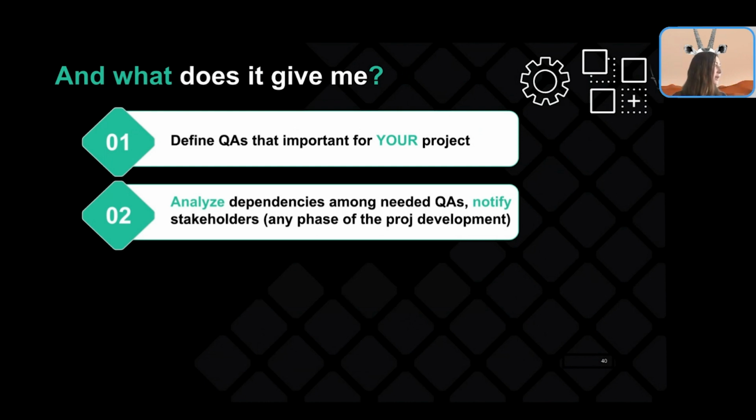And this is something that I do on any phase of the project. It can be pre-sales, sales, development, proof of concept, whatever. If I see that there might be some dependencies, so that with increasing the performance we might decrease some maintainability, or vice versa, I will try to notify everybody who can get harmed by this.